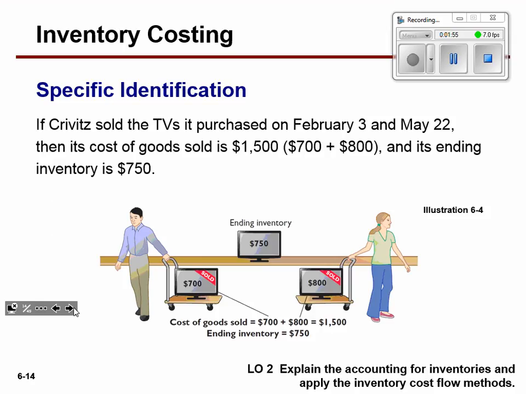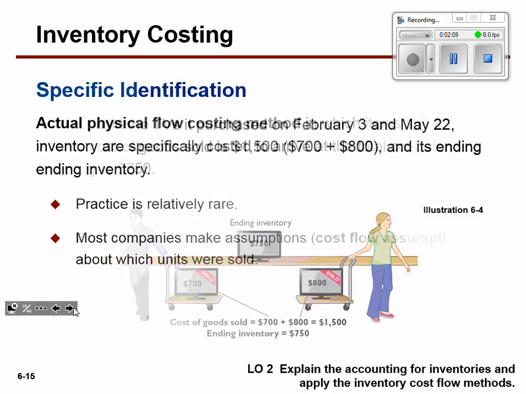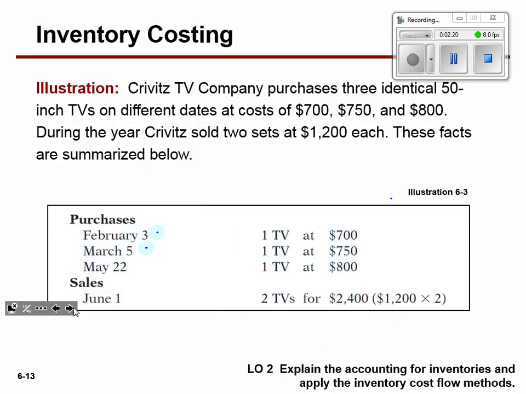Again, specific identification, let's talk about it first. You need to know that it's practiced very rarely. Most companies make assumptions about which units were sold. So if I go back to my Target and my TV example, and I even backtrack one more here, instead of Crivet's TV, I could replace this with Target.